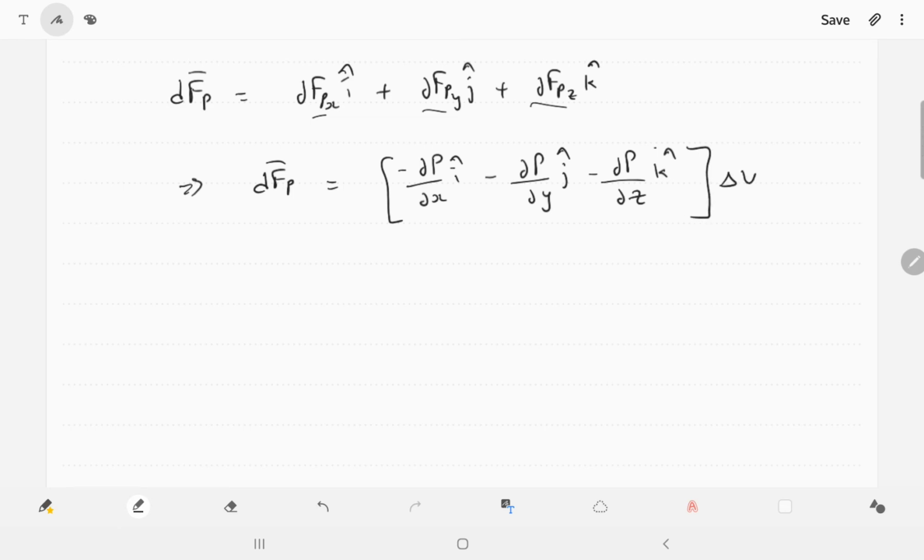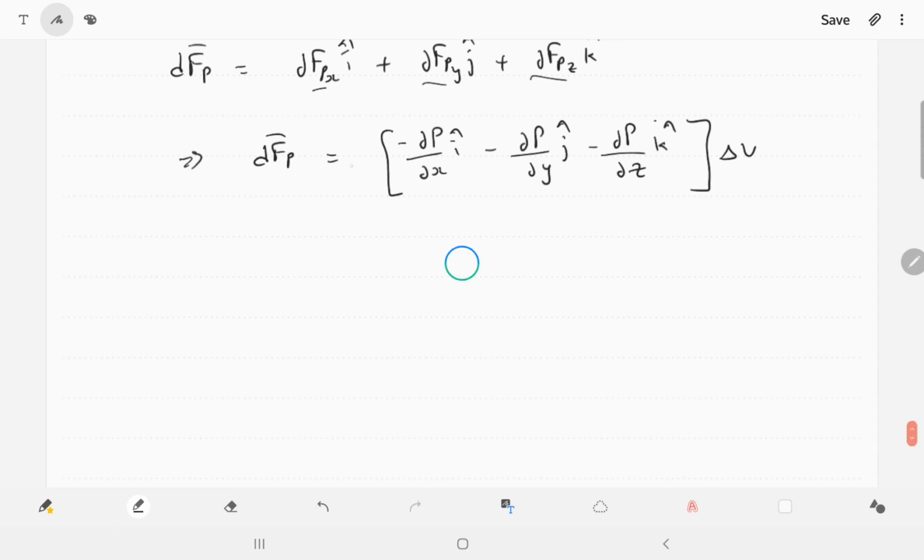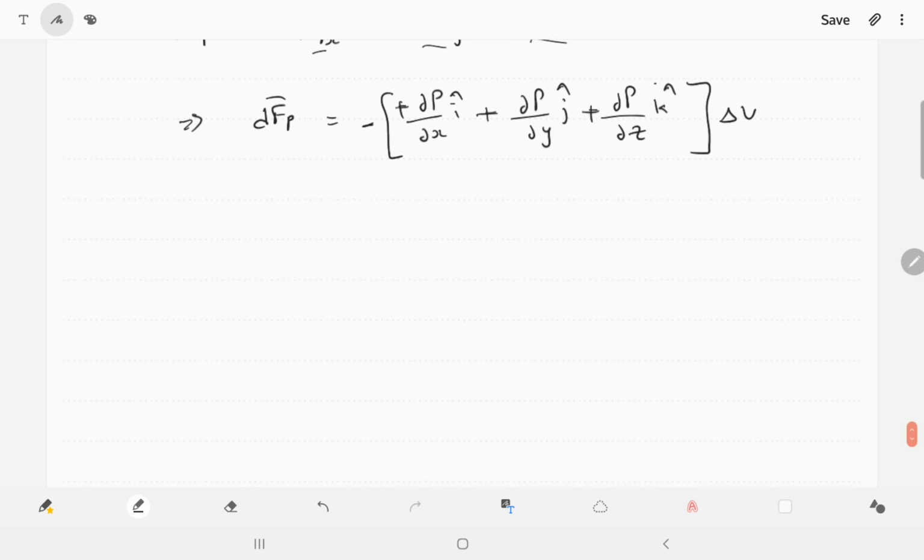taking delta v common. Let us take the minus also common over here and just write pluses. So as we know, dou by dou x i cap plus dou by dou y j cap plus dou by dou z k cap is the vector gradient, as del equals dou by dou x i cap plus dou by dou y j cap plus dou by dou z k cap.